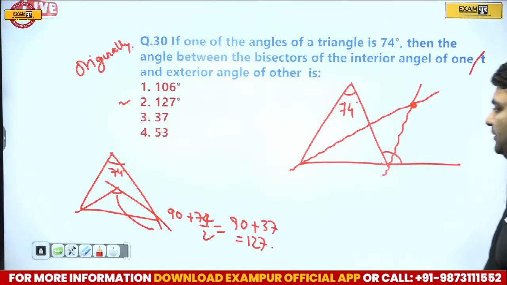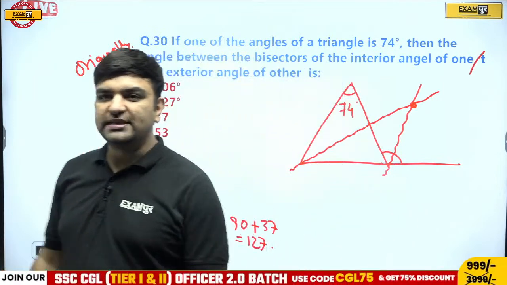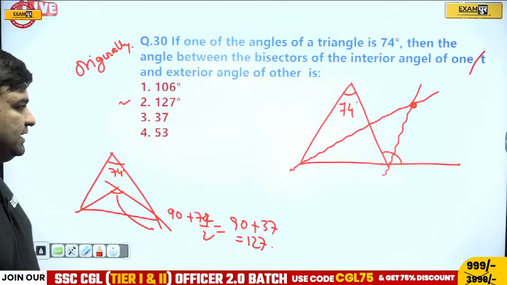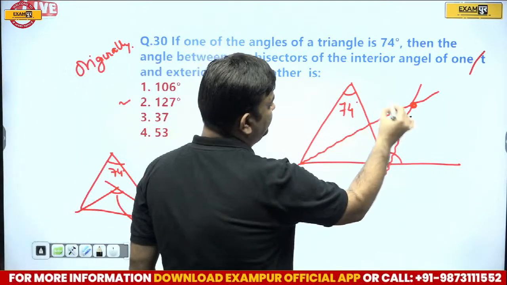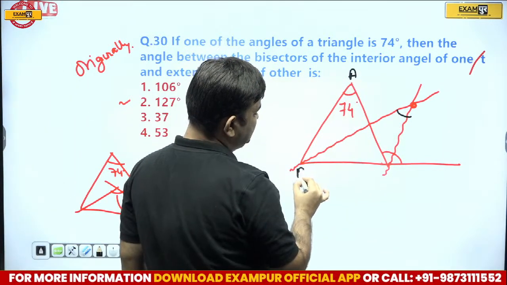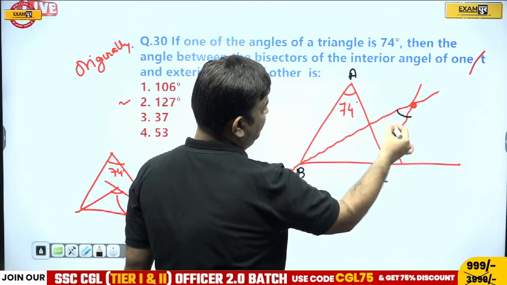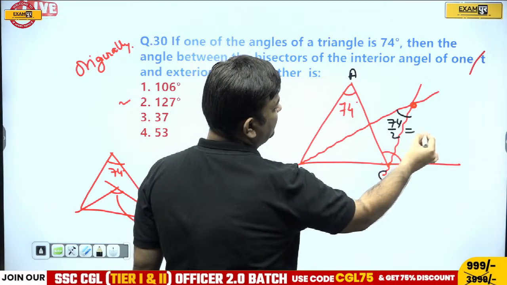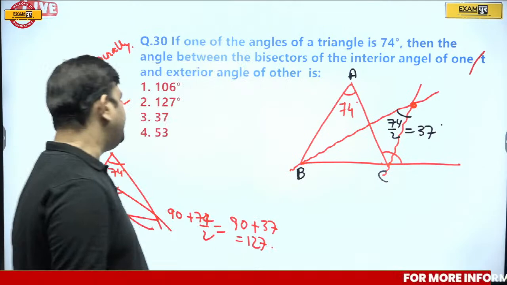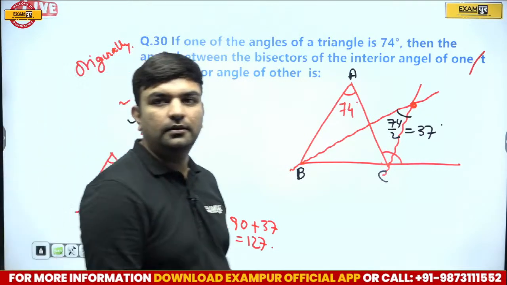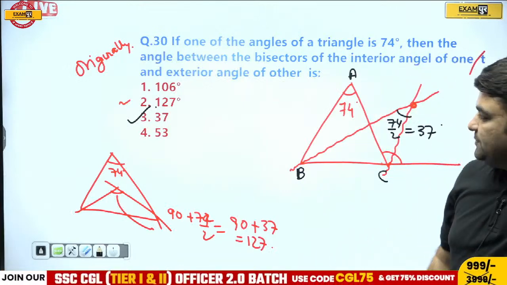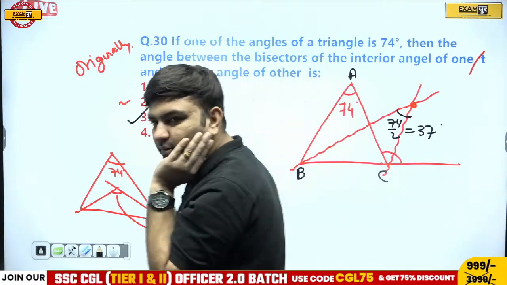Asking about this angle. This angle is A by 2. If this is triangle ABC, then this angle is 74 by 2, 37. We can do its proof as well, guys, if required.